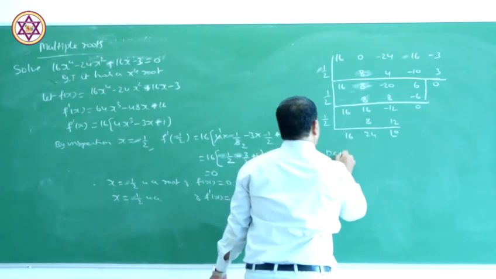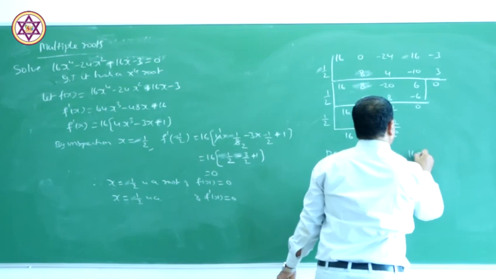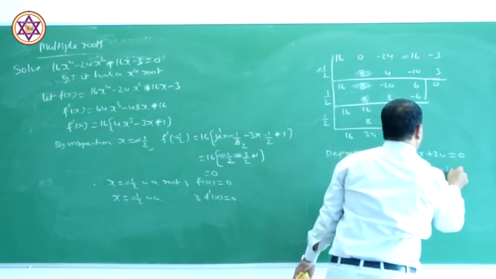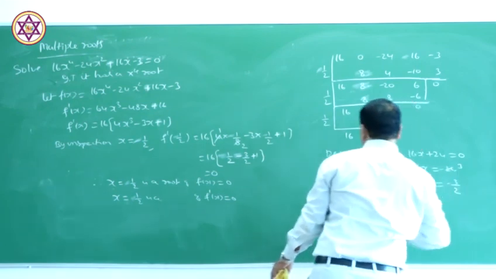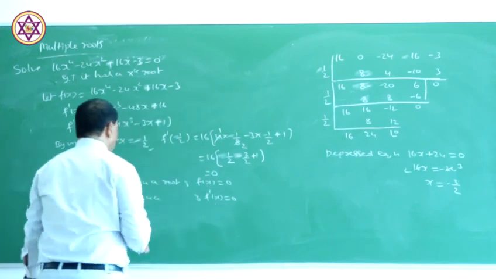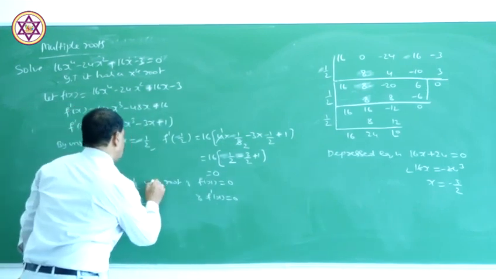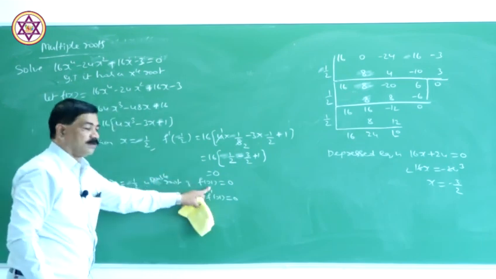Therefore, differential equation is 16x plus 24 is equal to 0, minus 24 by 16, x is equal to minus 3 by 2. Here I am dividing 3 times. So x is equal to half here. This one is a double root of f of x is equal to 0.